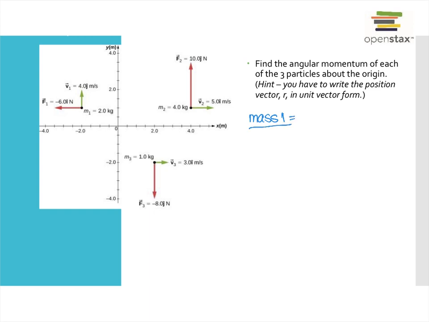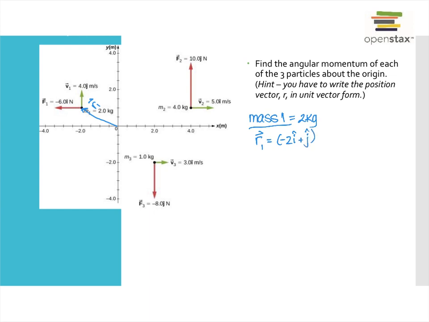Mass number 1 has a mass of 2 kilograms. Now, what is its radius vector? Well, the radius vector would go from the origin to here, and we can write it in unit vector notation. If we just look at where it is, it's at minus 2 in x, so it's minus 2i, and then up 1 in the y direction, so that's plus j.